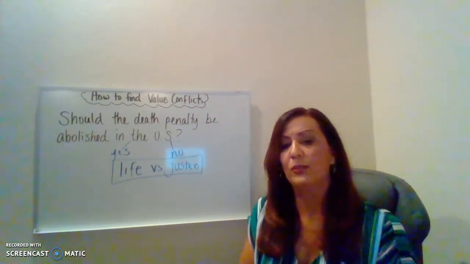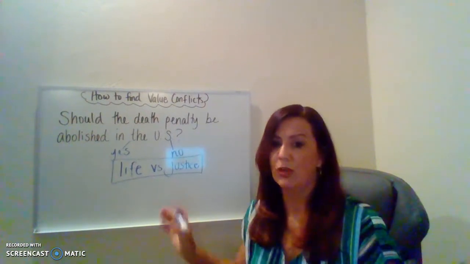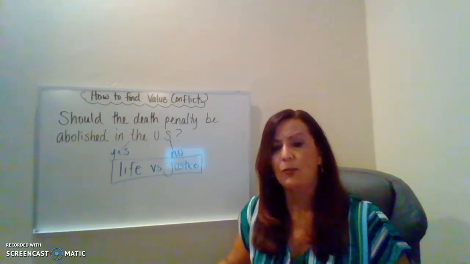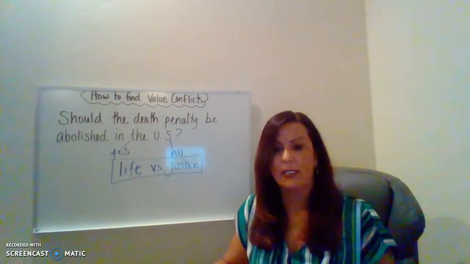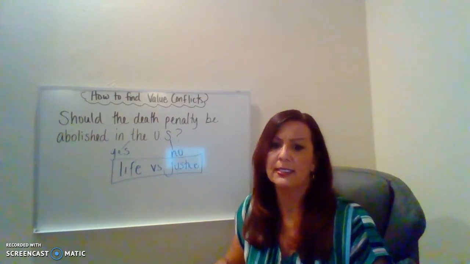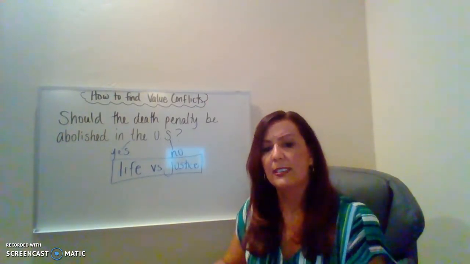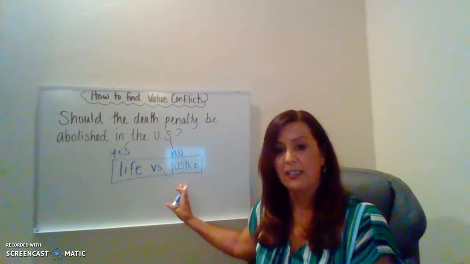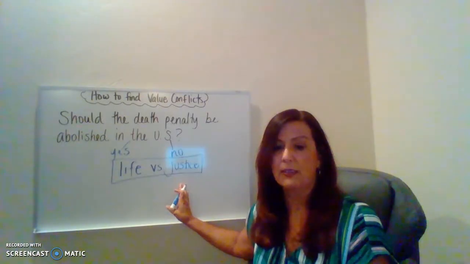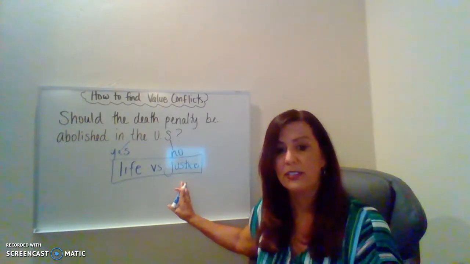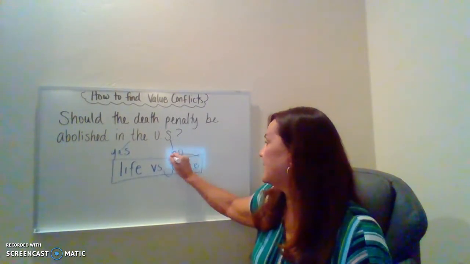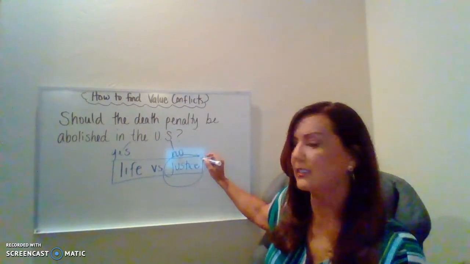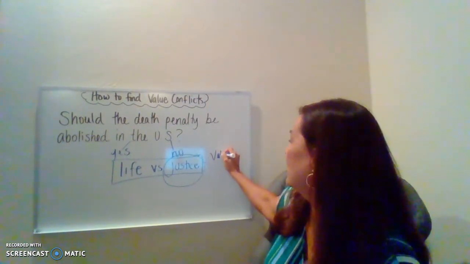So if you are on the no side, you have made justice stronger than life. And we've done that in society as well. So you do that personally, but in society, we have also decided one value is stronger than the other. And the fact that the death penalty is still legal in most states tells you that society has given justice the value priority.